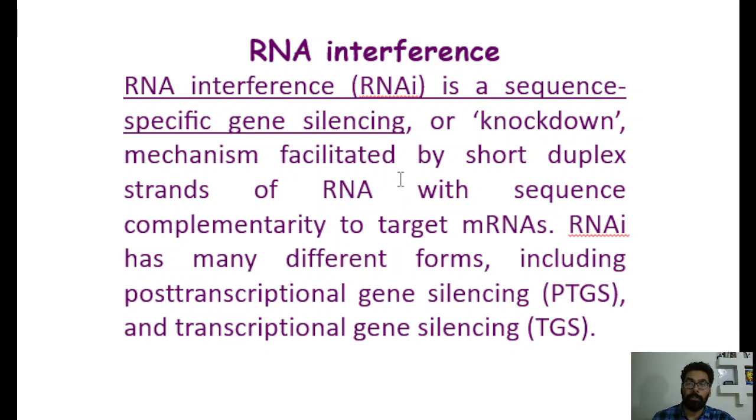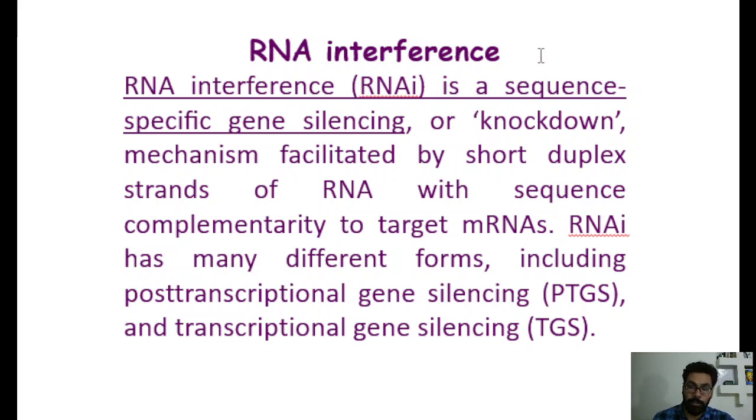This has different forms, like we already discussed, post-transcriptional gene silencing and transcriptional gene silencing. The basic requirement of RNA interference is a target RNA from which the double-stranded RNA sequence gets formed, and it will get suppressed by the activity of the RNAi machinery.